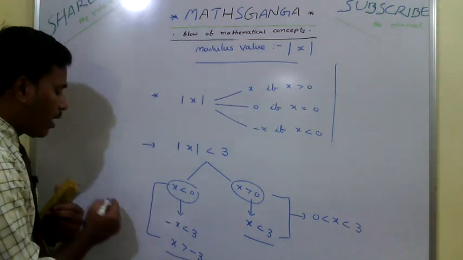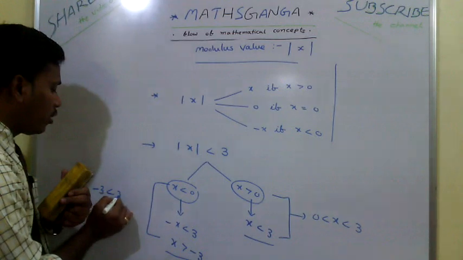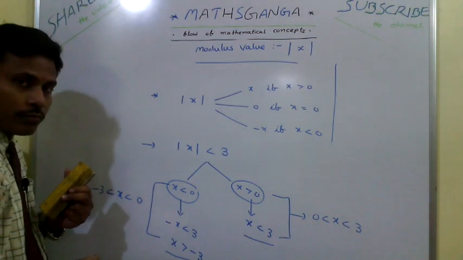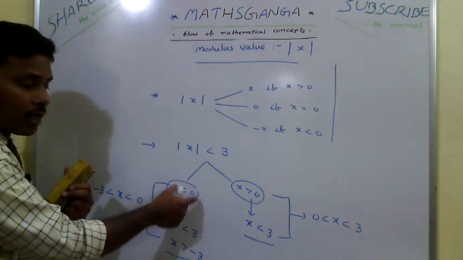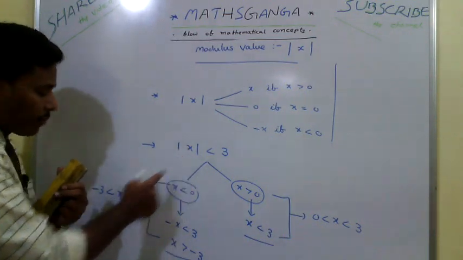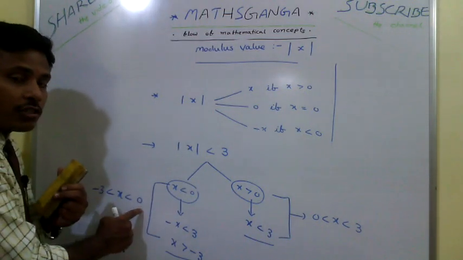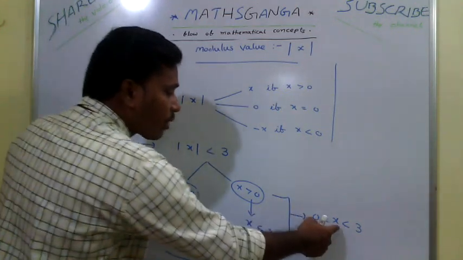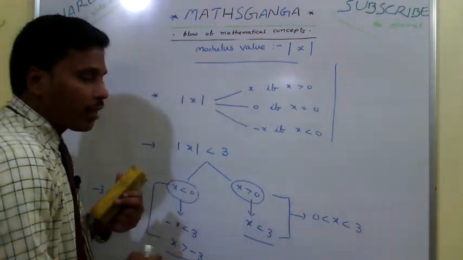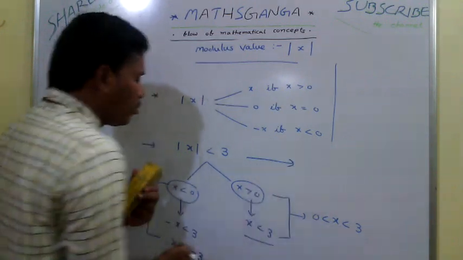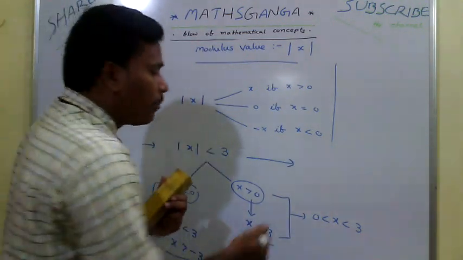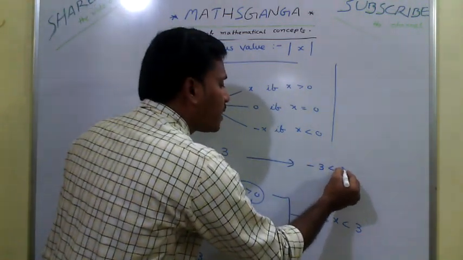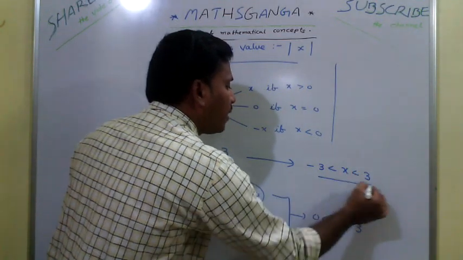From these two, the combined result is minus 3 less than x less than 0. So if x is negative, the solutions are the values of x in between minus 3 and 0. If x is positive, the solutions are the values of x from 0 to 3. Combining these two, we announce that if mod x is less than 3, the solutions are minus 3 less than x less than 3.